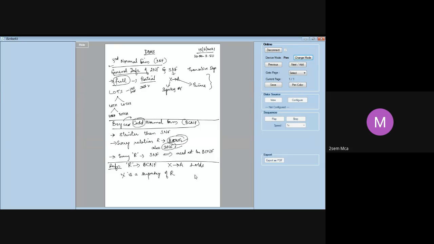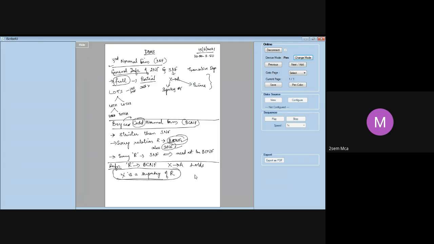Yeah. So what did I say? The definition of BCNF: a relation R is said to be in BCNF if whenever a functional dependency X determines A holds in R, then X should be a super key of R. That is all BCNF states.